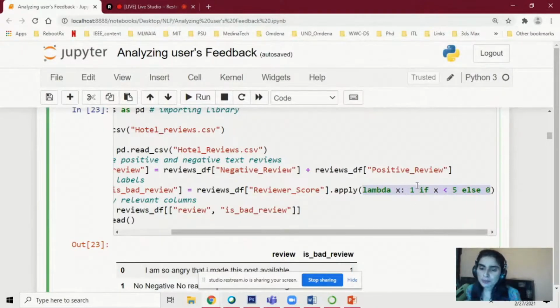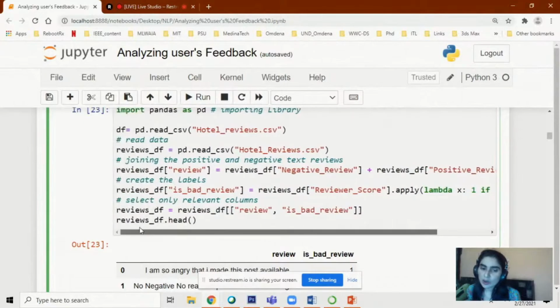So apply x, x is equal to 1 if x is less than 5, else 0. So 1 means it is negative, and 0 means it is positive, right? So we have created another column along with labeling, and we have given it the name bad review.